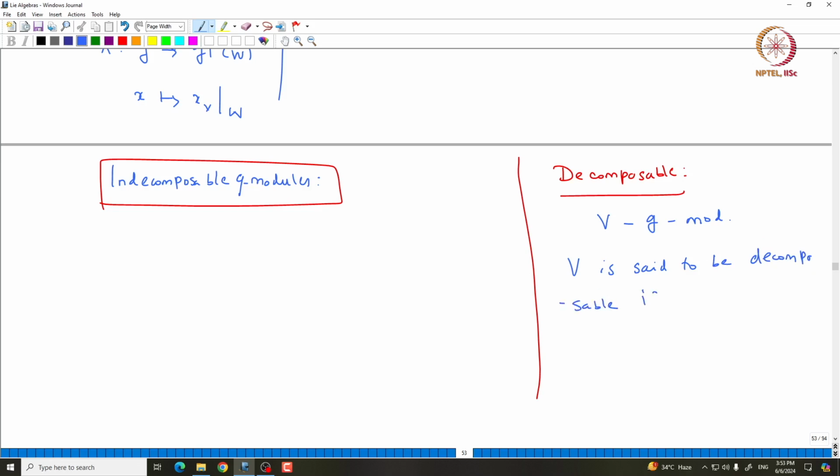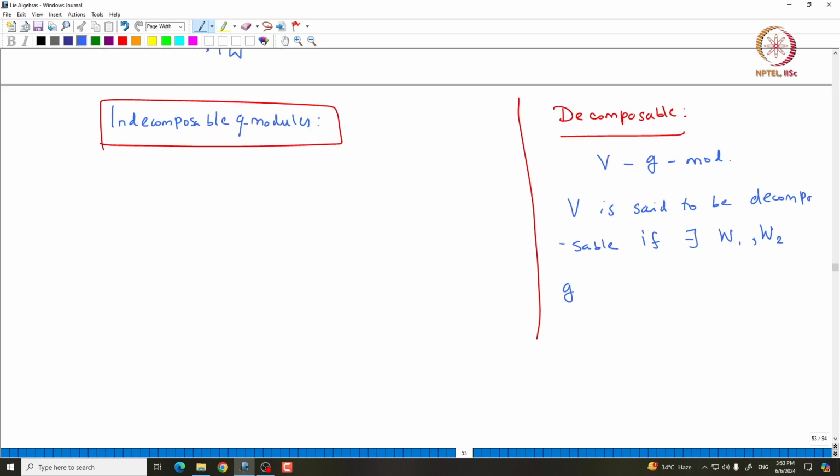if there exist two sub representations or submodules W1 and W2, both of them G submodules of V, such that V is W1 direct sum W2.